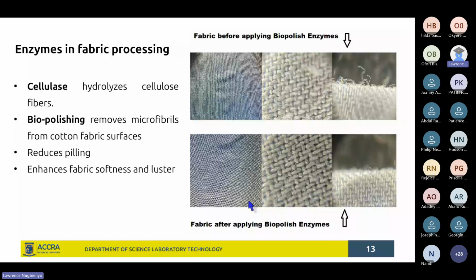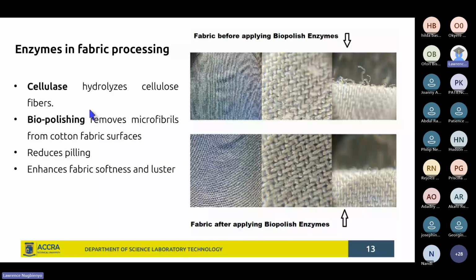Cotton, wool, silk. All of these are coming from plant sources, which consist of cellulose. And so you have what is referred to as biopolishing, which is the use of cellulase that hydrolyzes some of the cellulose fibers.